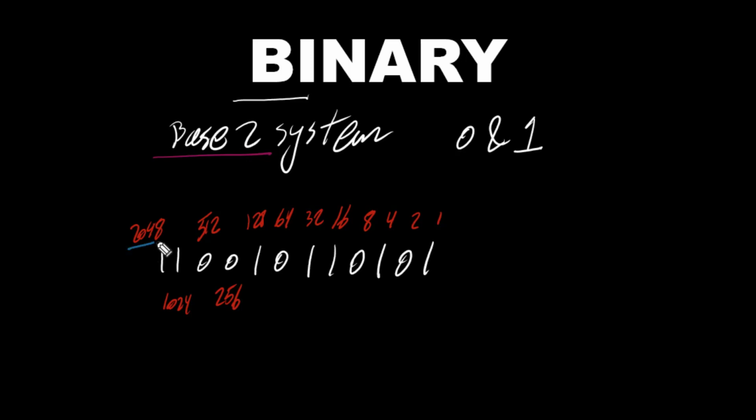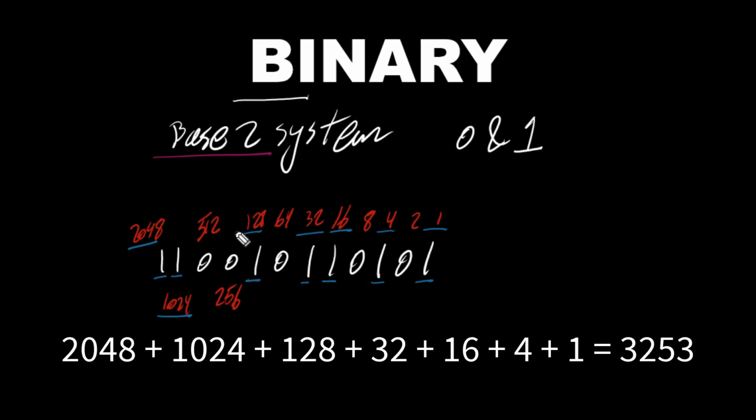We just need to add the ones that are turned on. In this case, 2048, 1024, 128, 32, 16, 4, and 1. Adding these decimal values, the ones that are turned on, we get our decimal value for this binary number.